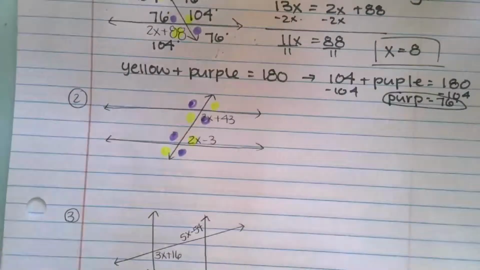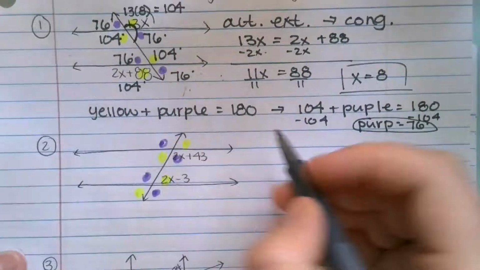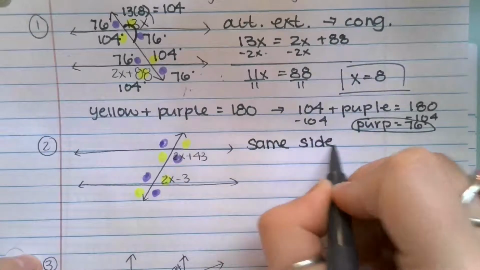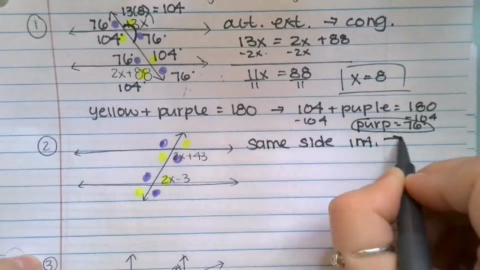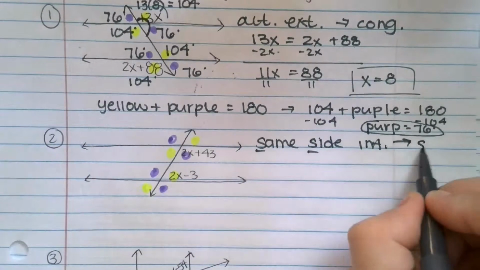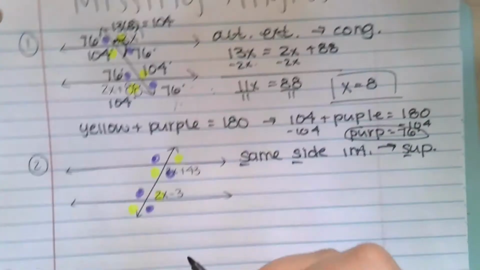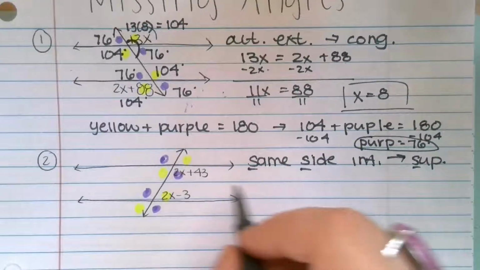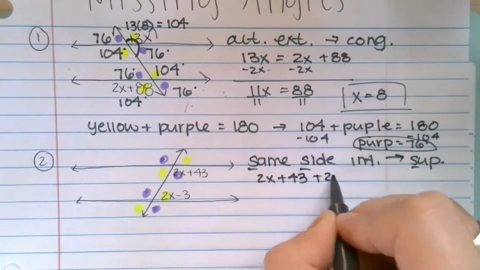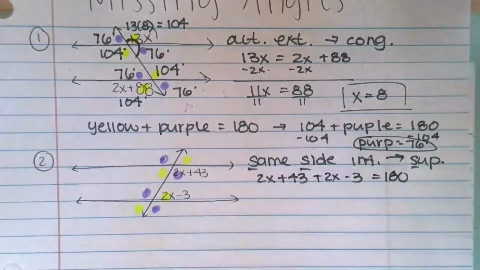Alright, the relationship between these two angles this time is same side interior, and we know that same side angles are supplementary. So we have to add these two together and set that equal to 180. So 2x plus 43 plus 2x minus 3 equals 180.